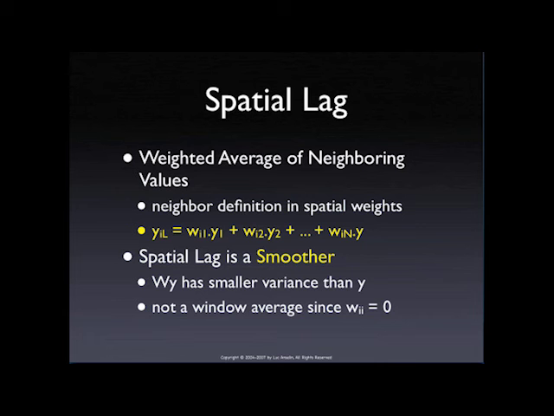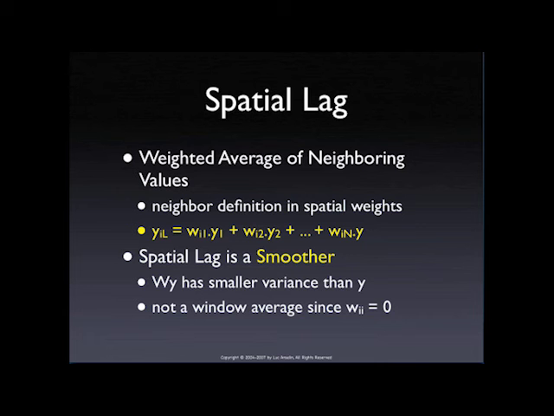So then, with that in hand, we can construct a new variable. The new variable is, in essence, a weighted average of the values observed at the neighboring locations. We take the neighboring locations, which we specify through the elements of the weights matrix, the w_ij, and then we multiply a row of the weights matrix by the full vector of variables. Now, the full vector of variables is really overkill because, as we saw yesterday, there are only a few non-zero elements in a row of a weights matrix.